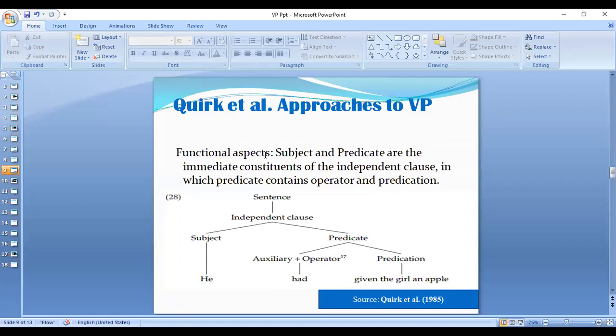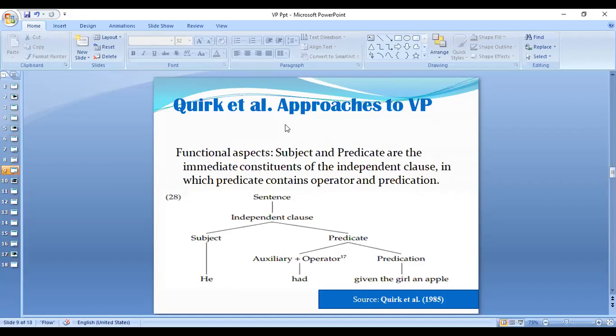Noun phrase mainly functions as a subject, and predicate is the doings of what the subject does, or the actions the subject does. So subject and predicate are the immediate constituents of an independent clause, in which predicate contains operator and predications.